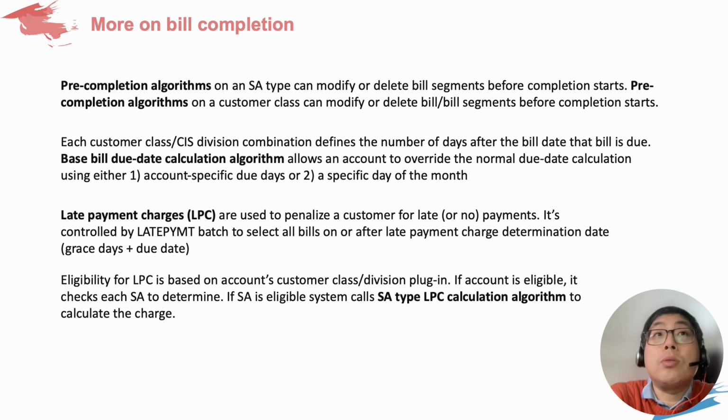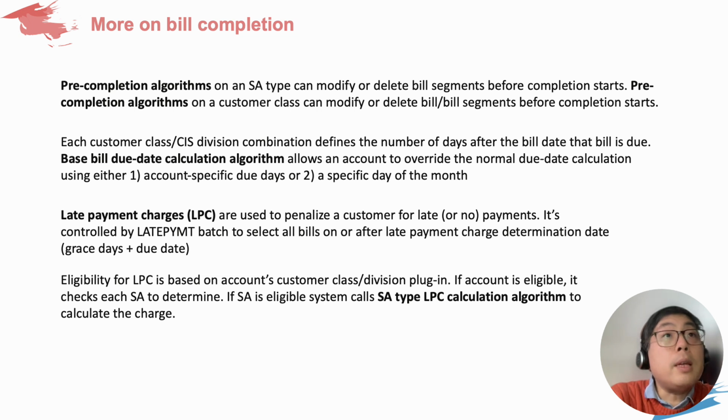It is controlled by a batch job called LATEPYMT, and basically it is based on the late payment day plus the due date. Sorry, the grace days plus the due date to determine the late payment charge.